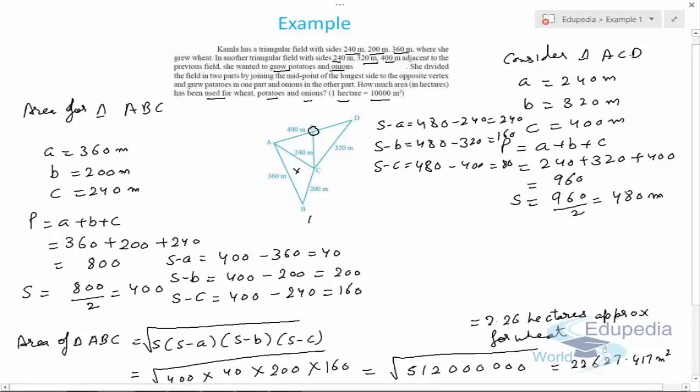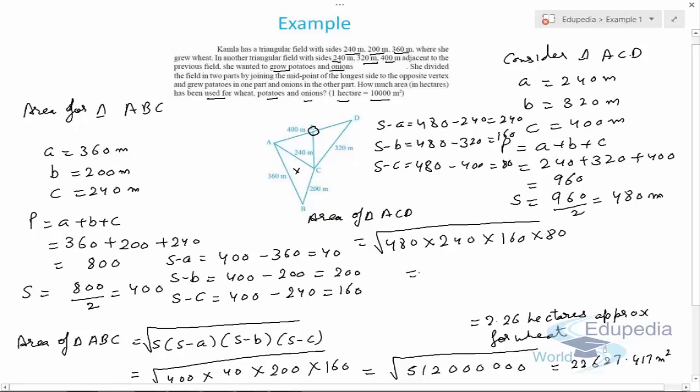Now area of triangle ACD will be equal to under root of S into S minus A, S minus B, S minus C. So S is 480, S minus A is 240, S minus B is 160, S minus C is 80.